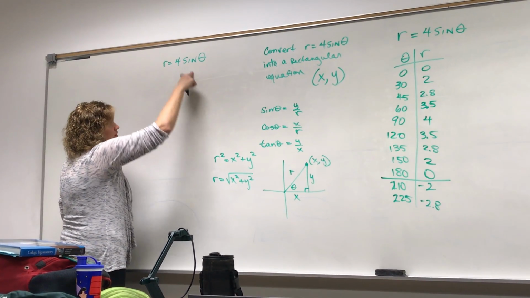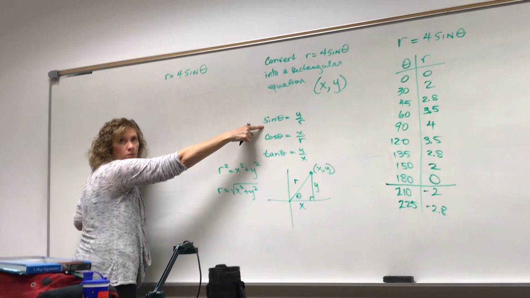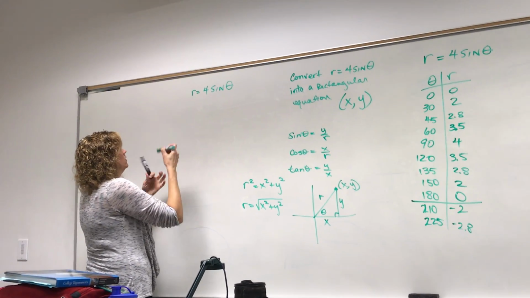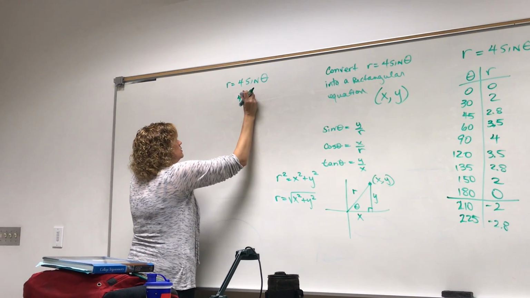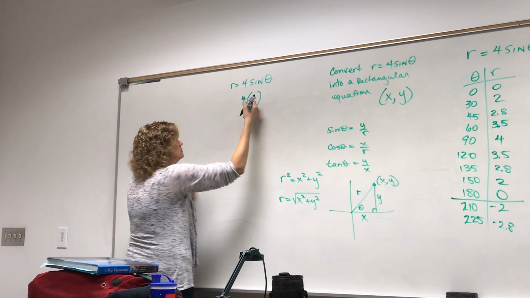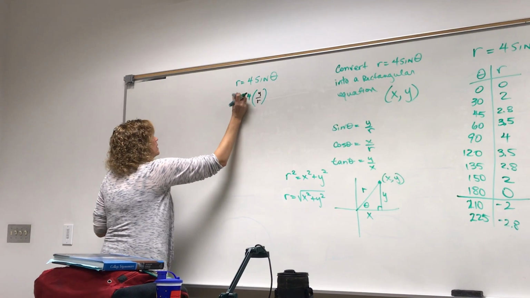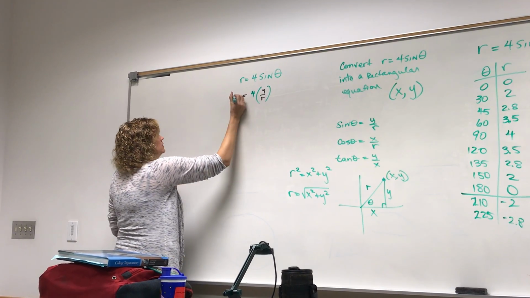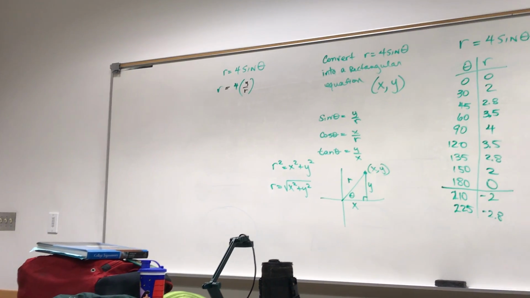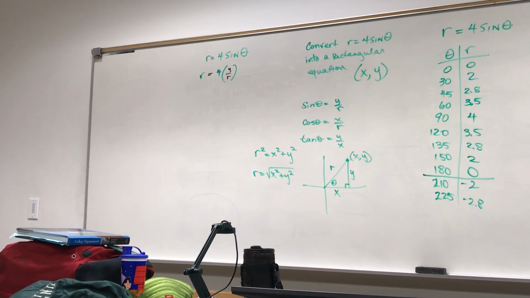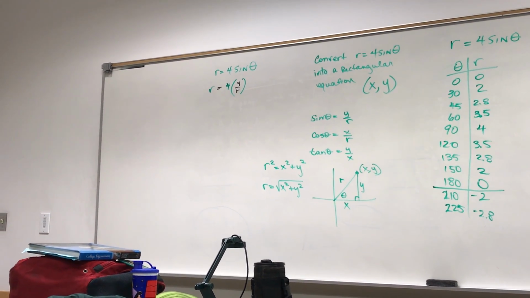Sine theta is y over r. So now we've got 4 times y over r. Okay, so I've got y, so that's good, bonus, but I do have r on both sides.